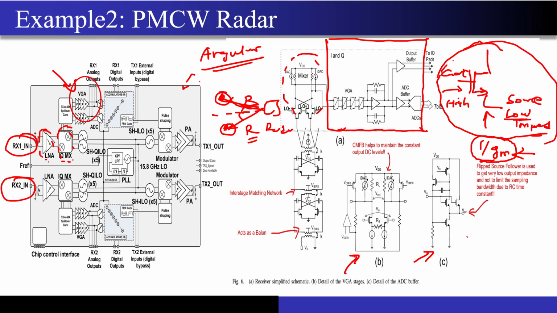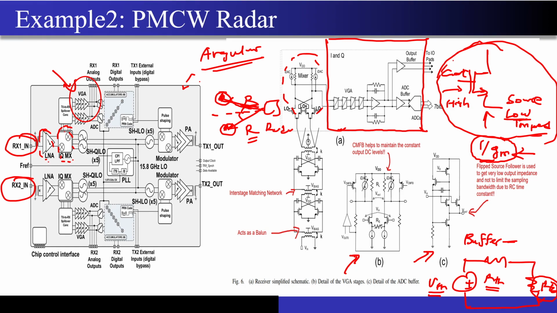Very good voltage source means, if this is a buffer giving me the voltage at the output, and I model it as a Thevenin's equivalent circuit, and then there is a load present at the output, can anyone please tell me, if I want the maximum voltage to drop across the load resistor, what should be the value of RTH?